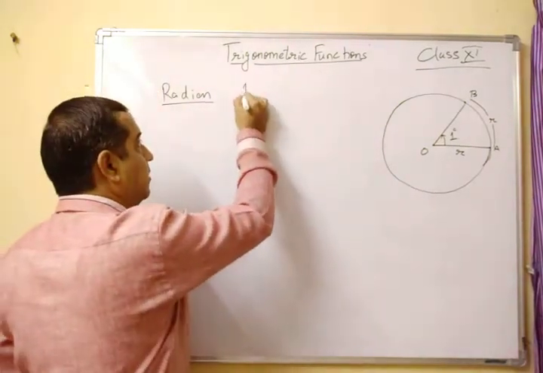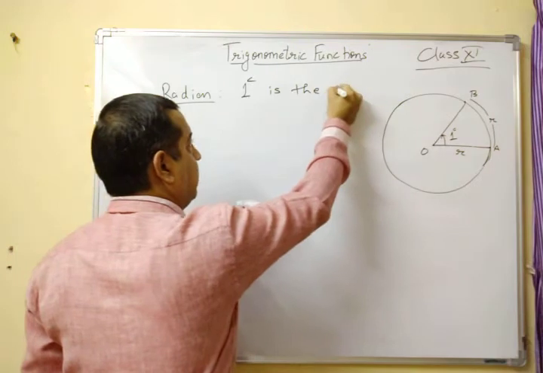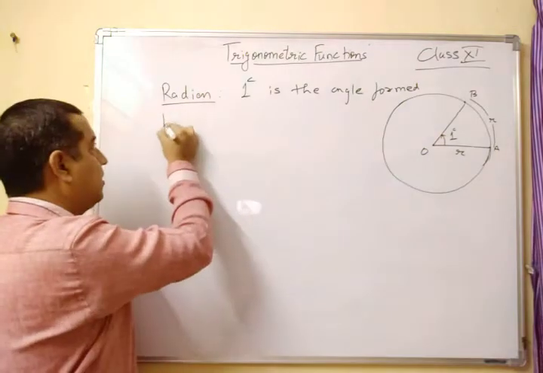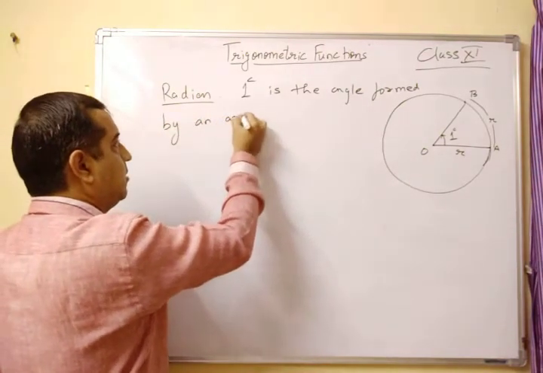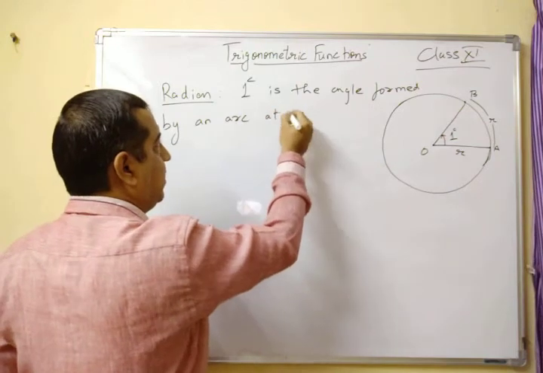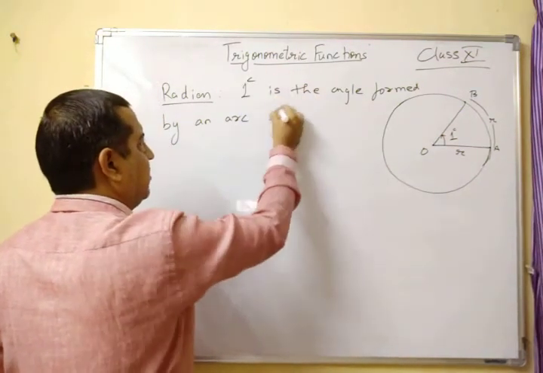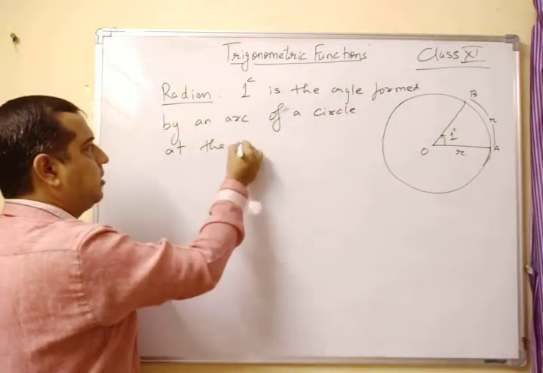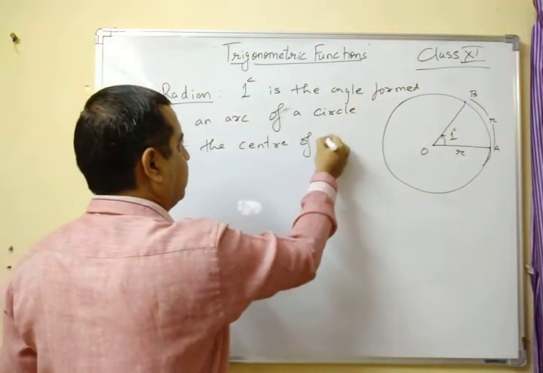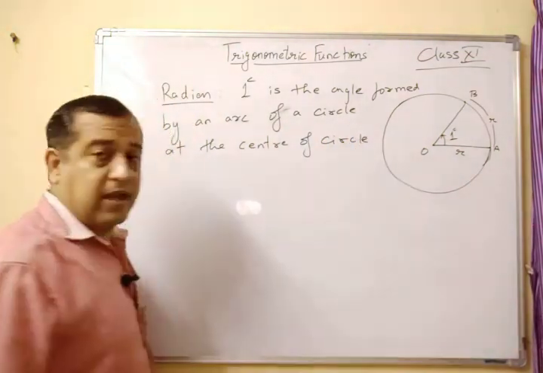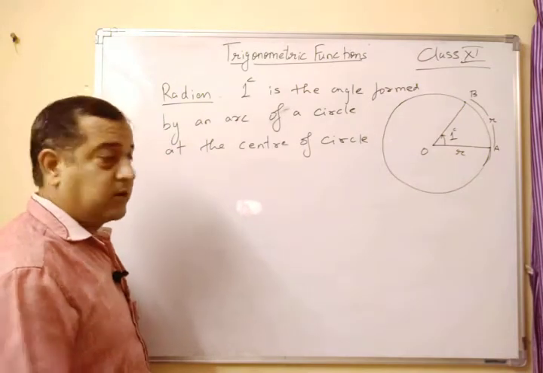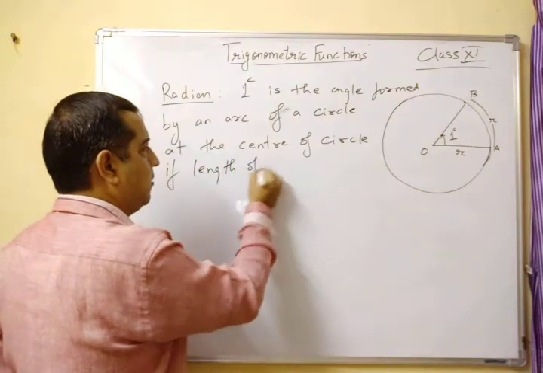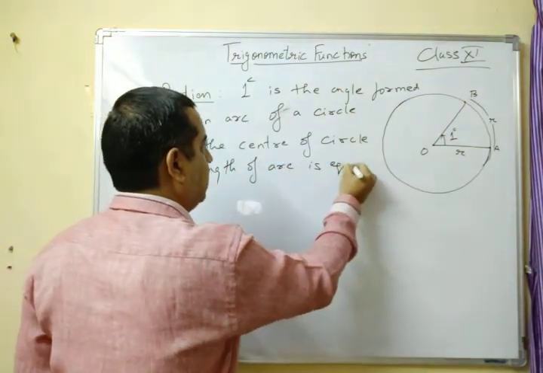1 radian is the angle formed by an arc of a circle at the center of the circle if the length of arc is equal to the radius of the circle.